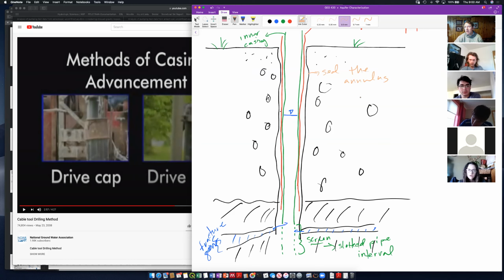All right, and we do that with basically two materials: grout or cement, or bentonite. Bentonite is this magical stuff we use in drilling. It's a swelling clay, and it swells when it comes in contact with water.